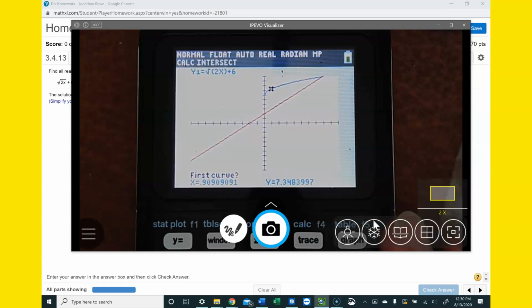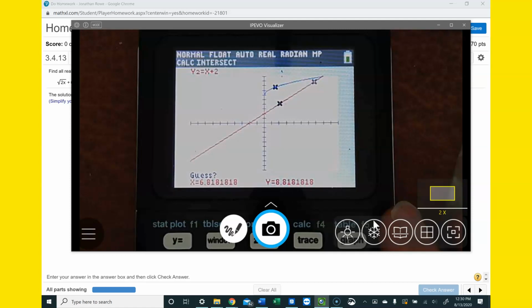Since we only have 2, it doesn't matter which one's the first curve or the second curve. So I can just let this blue one be the first curve. I hit enter, and then this red one, I can let that be the second curve. Then when it says guess, you can take this blinky thing, this cursor, near where it crosses.